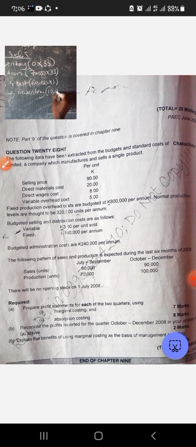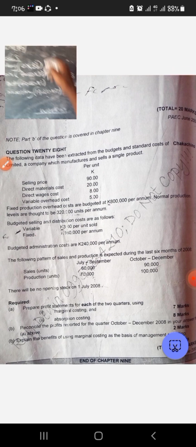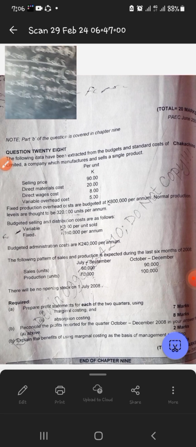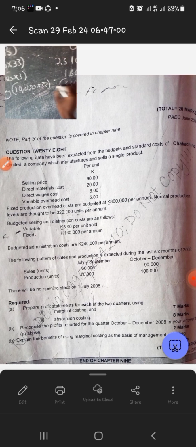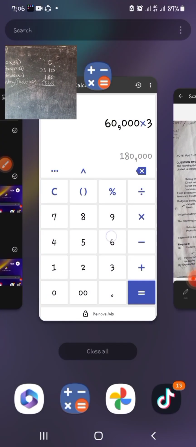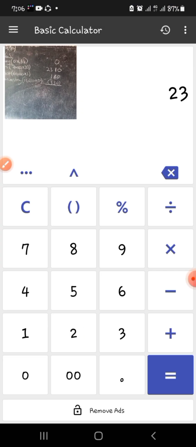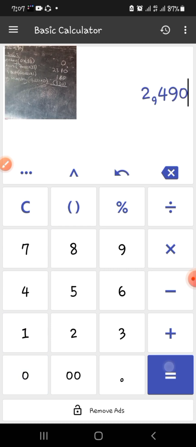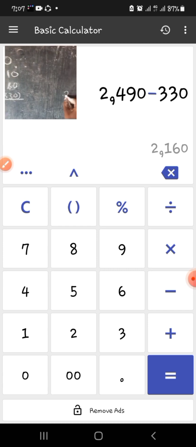So that 10,000 has to come here, and it's also going to be multiplied by 33 because 33 is our variable cost. When you take 10,000 times 33, you're going to have 330. So let's find the contribution. We take 2310 plus 180, and then we deduct 330, which is 2160 here.